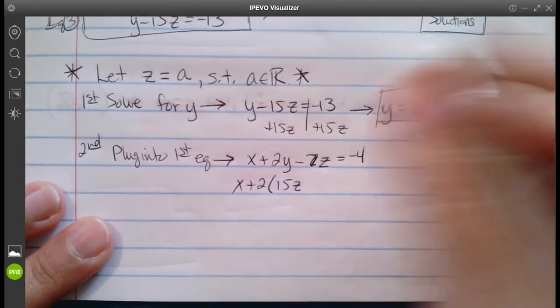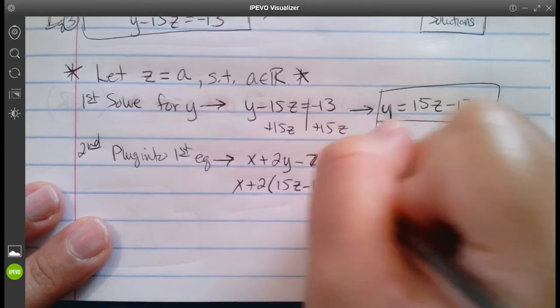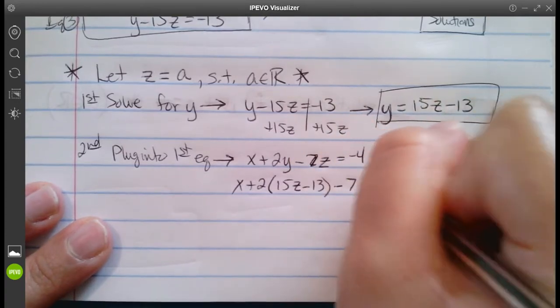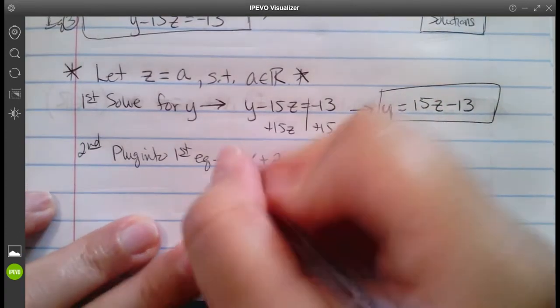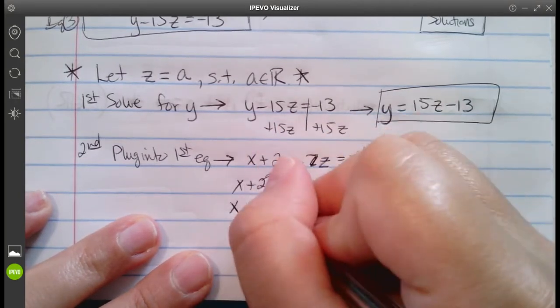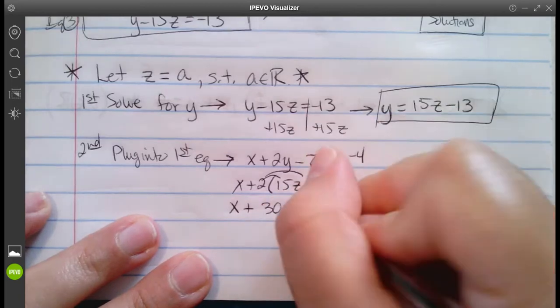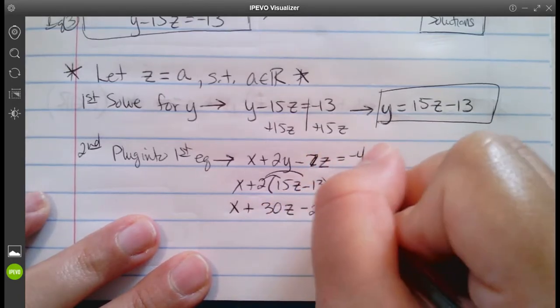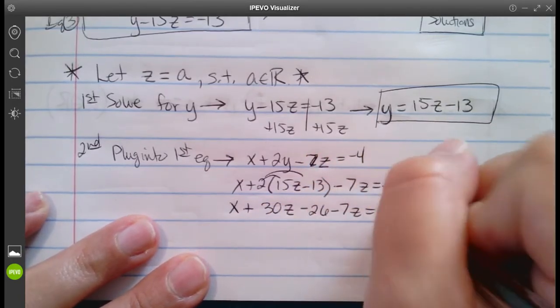15z minus 13 minus 7z is equal to negative 4, okay, which gives us x plus, distribute, so that's 30z minus 26 minus 7z equals negative 4.